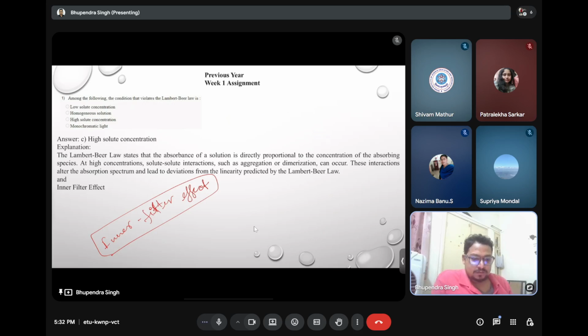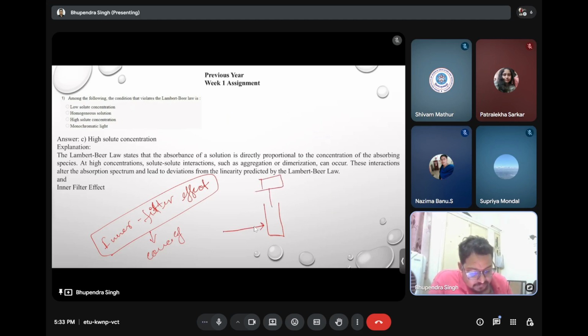No? Okay. The inner filter effect means the concentration of the solute in the sample is high. Let's say this is your cuvette and this is your light beam, and here is your detector.